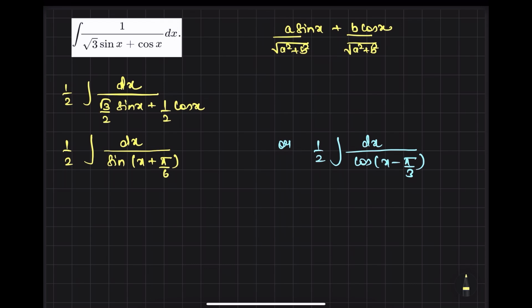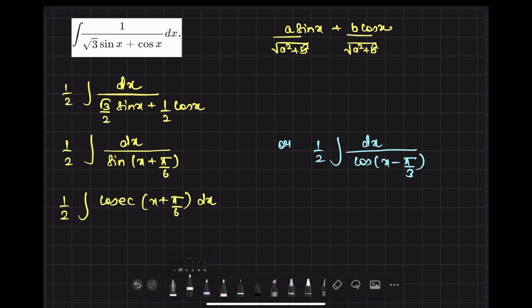Right now you cannot do that, so let's send them to the numerator. So it is the integral of cosec(x + π/6) dx, and then we have the other question as 1 by 2 integration sec(x − π/3) dx.